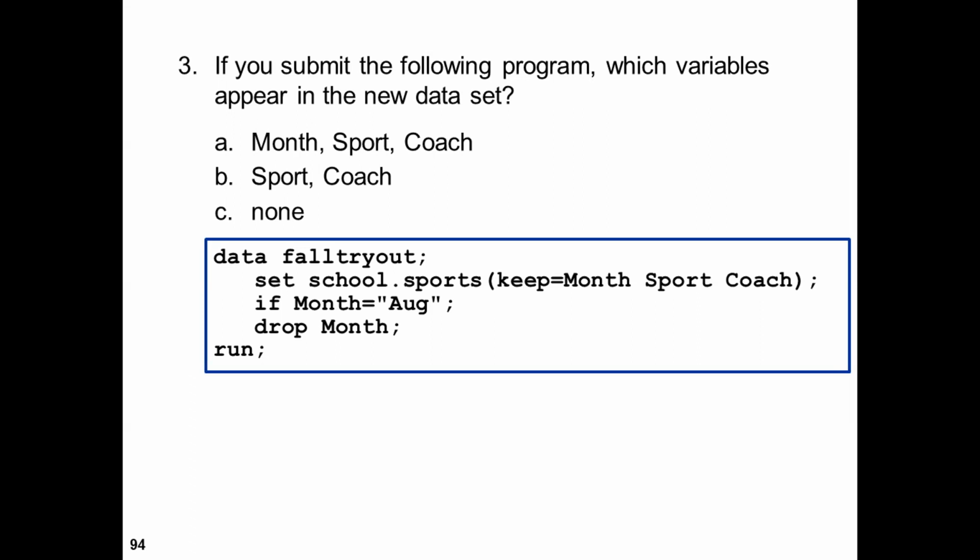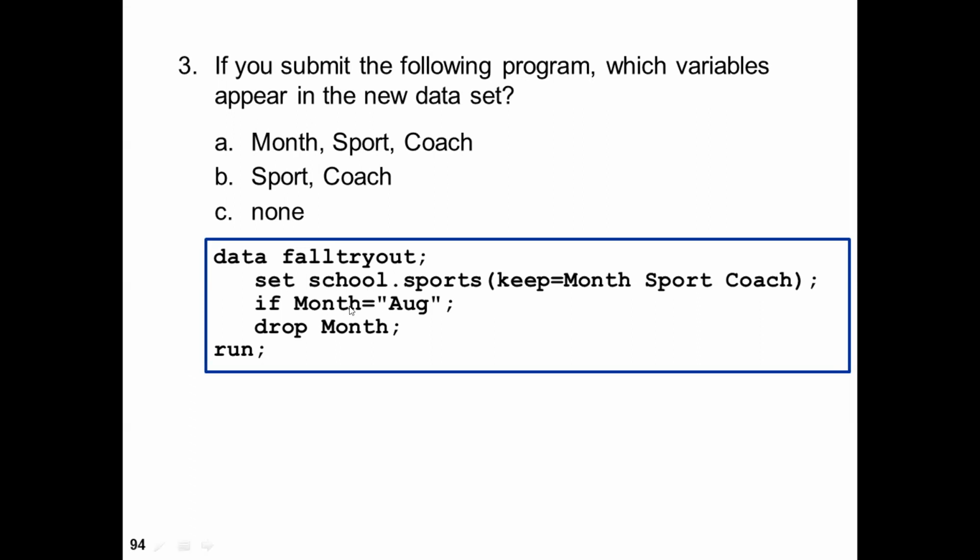A, month, sport. Option A. No, read it very carefully. None. See, how can it be none? I think B, because we are dropping month, so there will be sport and coach. But if month is August, then only it will come, and we are dropping it. Okay, sport and coach. Sorry.